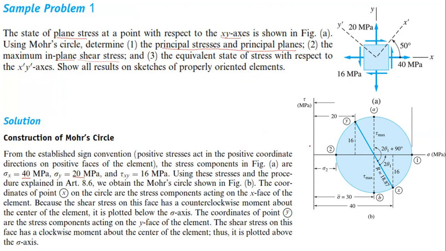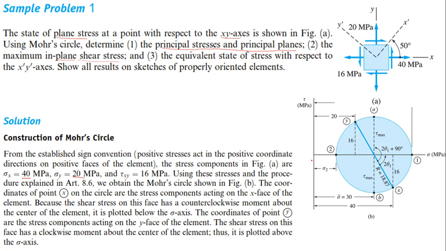Okay. So, we're going to plot this on Mohr circle. So, first, ang sigma y nato is 20. So, positive siya, so above siya sa vertical and horizontal axis.